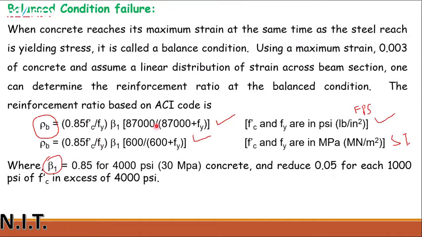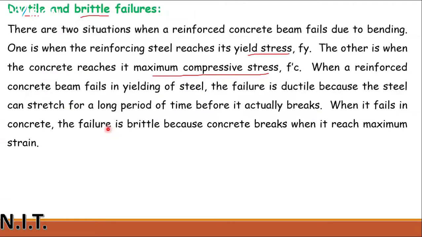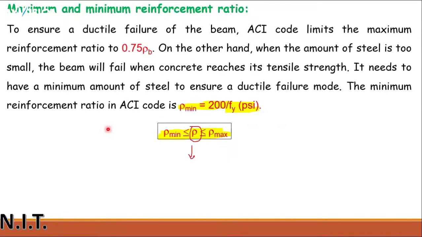We can use this formula and we can also use this formula, but in this problem, numerical number 1, we will use this formula for calculating the exact reinforcement ratio. And for the maximum reinforcement ratio, I will show you the formula which will be used in the numerical.